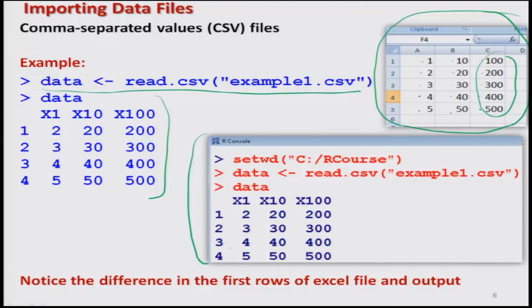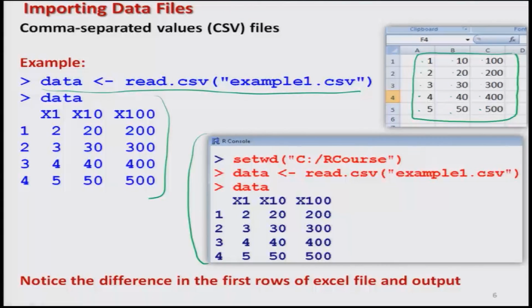If you try to concentrate on this thing, these are 5 values, but when it is reading here, this is giving us only 4 values. What is really happening? The first row, which is 1, 10 and 100, is disappearing.